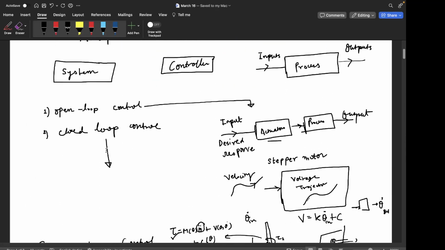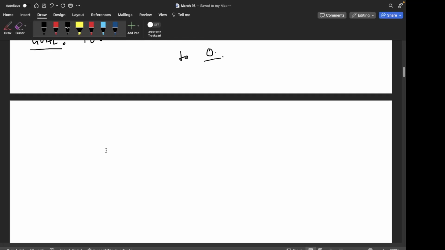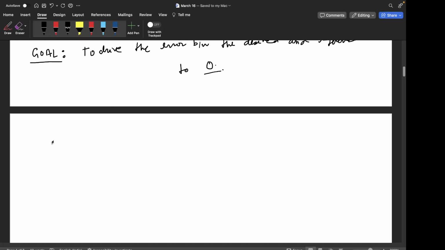Good to proceed ahead. So now we will take one of the simplest systems that exists, which we use to analyze these stability concepts.